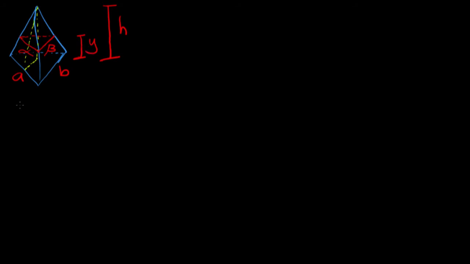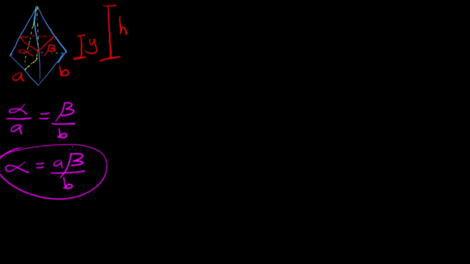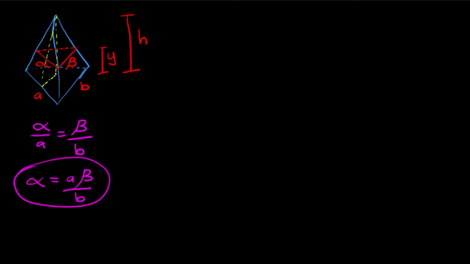And so then from similar triangles, I know that alpha over A is equal to beta over B. So then alpha is equal to A times beta over B. Now, again using similar triangles, we can see that h over b, so the total height over this side, is proportional to h minus y, so that's the height from the tip to our triangle, h minus y over beta.